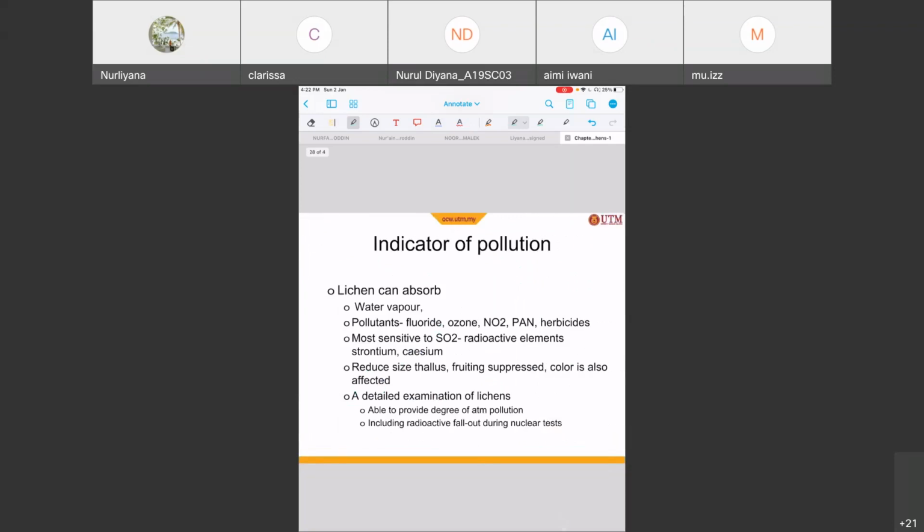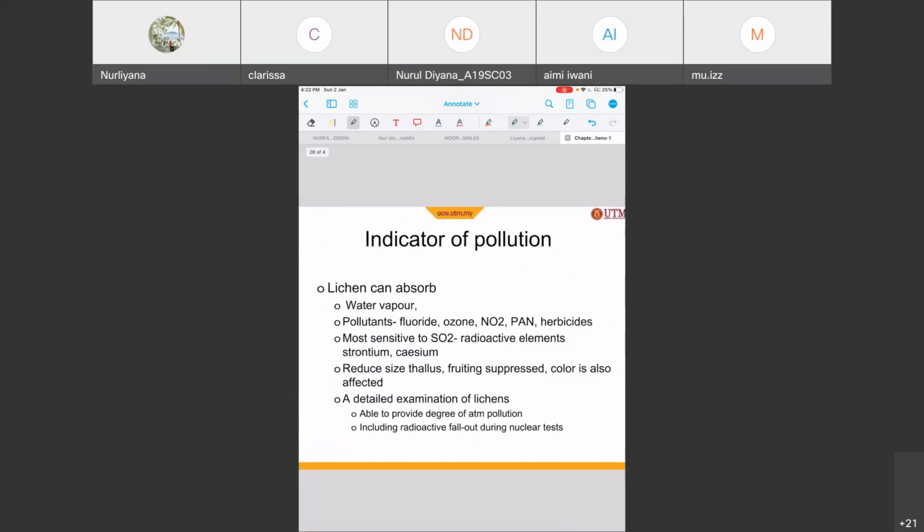Another application for lichen is that it can be an indicator of pollution, because lichens can absorb water. They can also absorb other types of pollutants, for example, fluoride, ozone, herbicides, nitrogen oxide. Pen ni, I can't remember the full name, tapi kalau you buka dekat dalam slides, buka pada PowerPoint, dekat bawah tu biasanya saya ada letak nota.